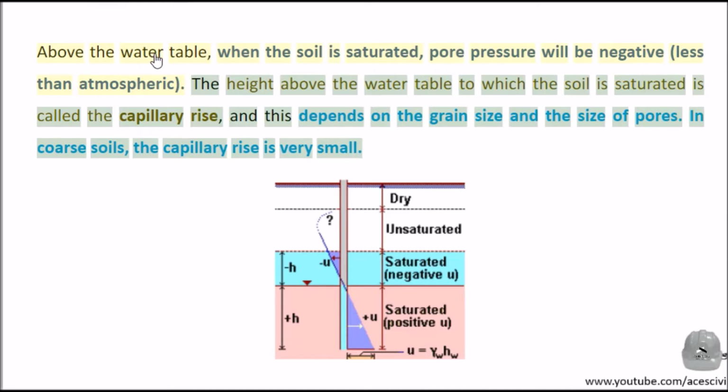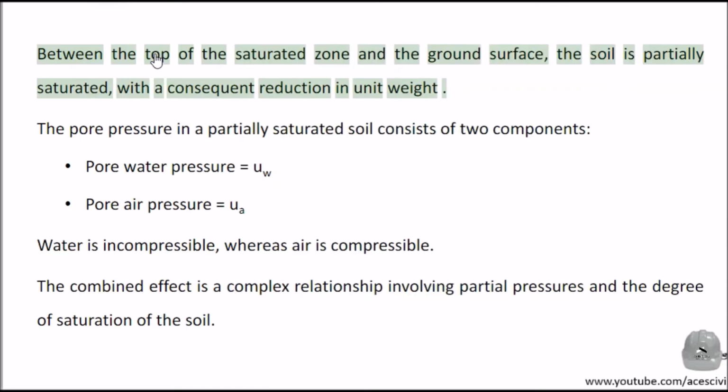In coarse soils, the capillary rise is very small. Between the top of the saturated zone and the ground surface, the soil is partially saturated, with a consequent reduction in unit weight.